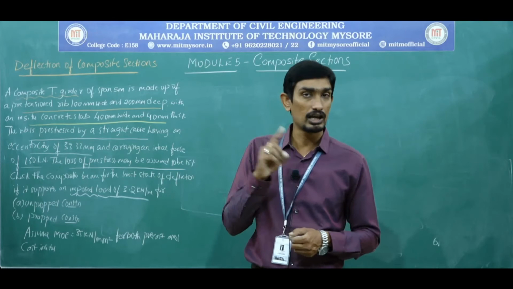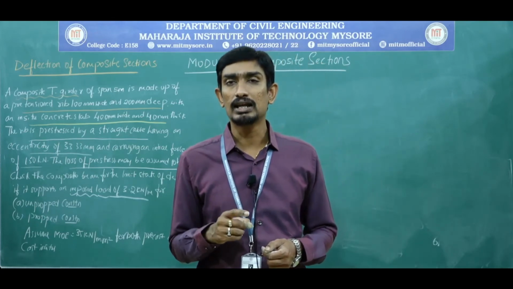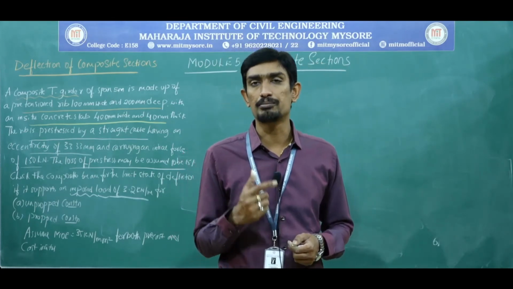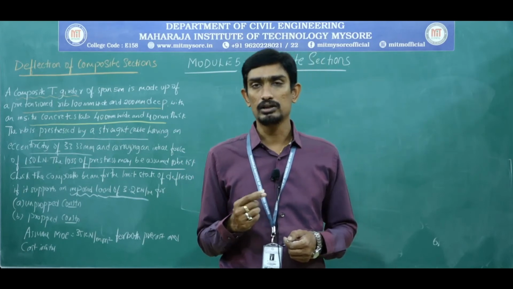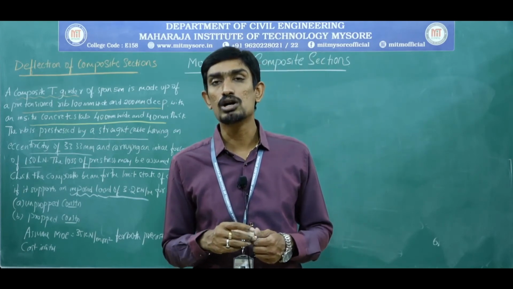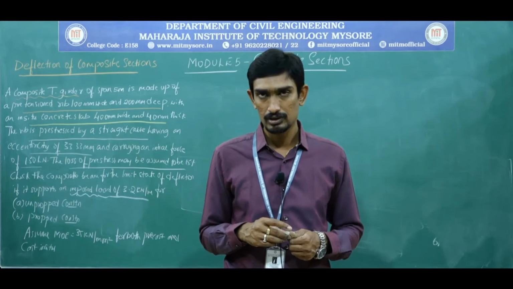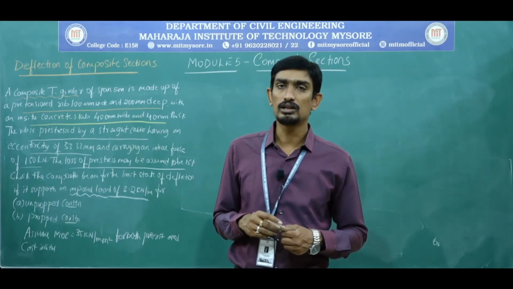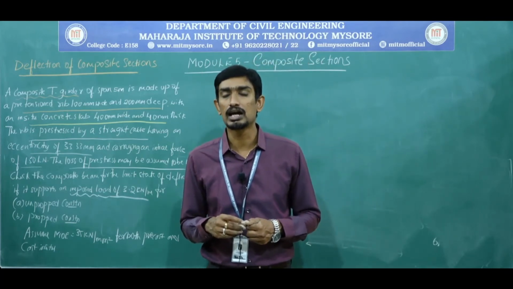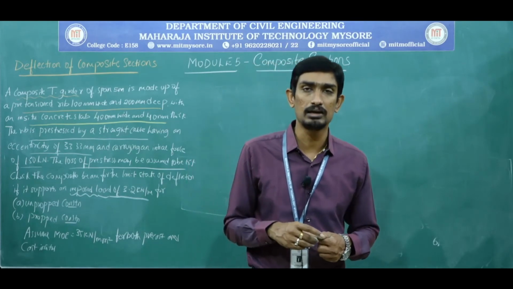Next, as I stated there also, when you are going to analyze the composite section for unpropped and propped case, the very important condition is modulus of elasticity. As we know, the precast grade and the cast in situ slab grade are not the same.